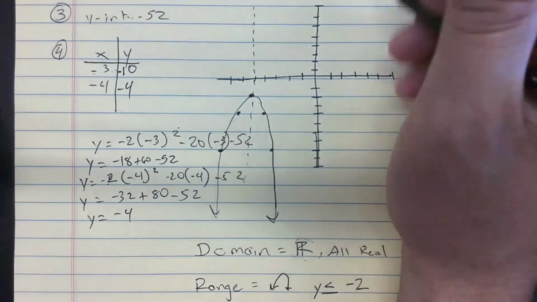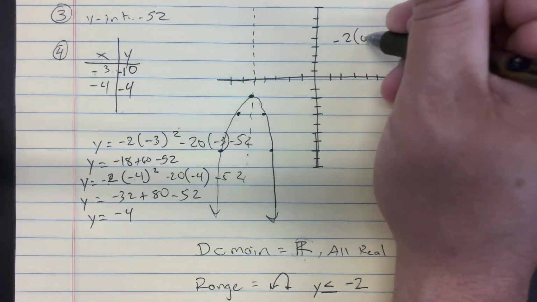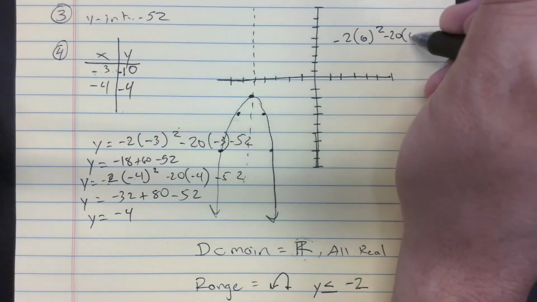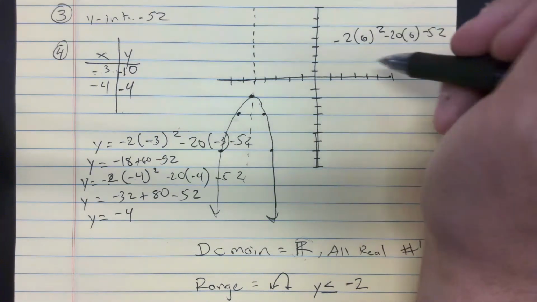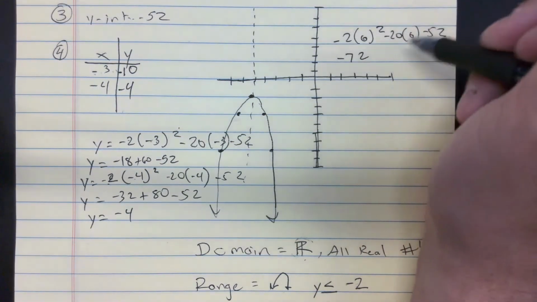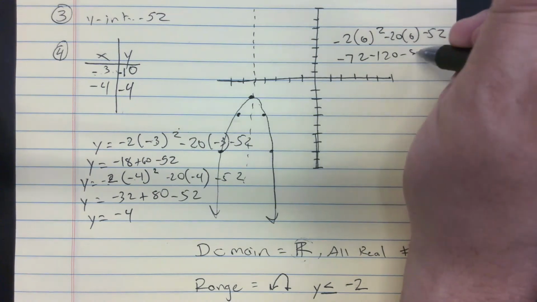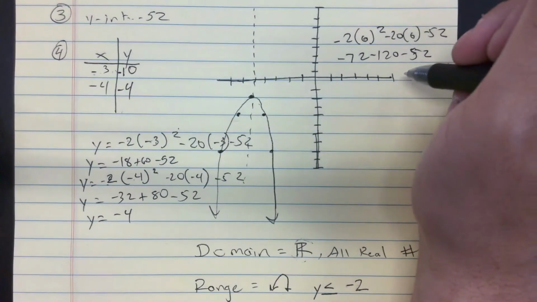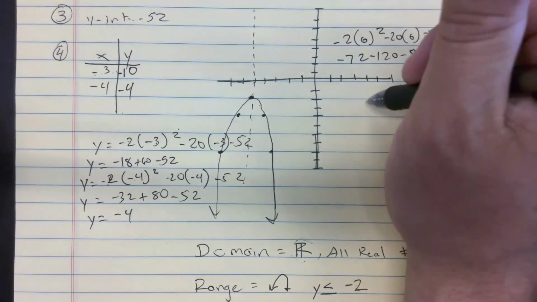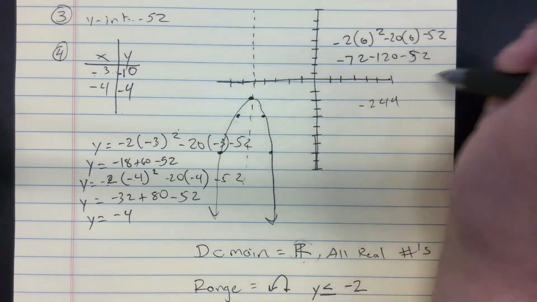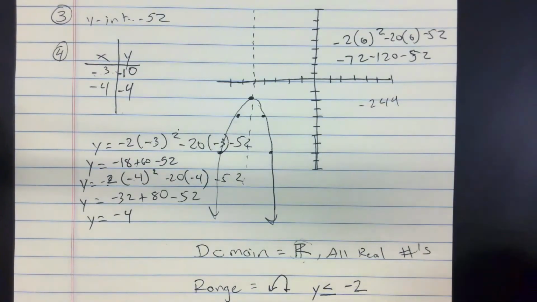We'd get 6 squared minus 20 times 6 minus 52, which gives us negative 72 minus 120 minus 52, or negative 244. So if we punch in 6, all the way down at negative 244 is where that graph would continue. The reason the domain is all reals is it doesn't matter what x value you pick, you're going to get a y value back.